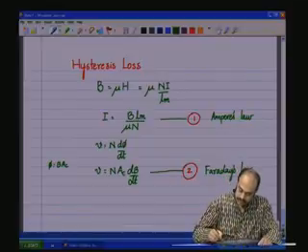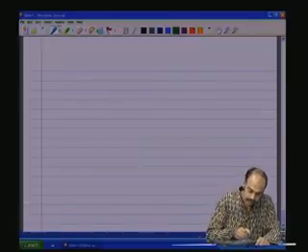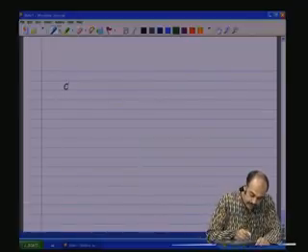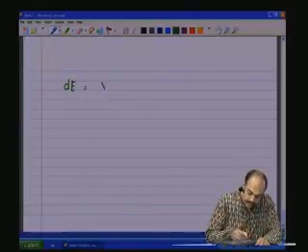Now, the instantaneous energy delta E is voltage into current into time delta t.